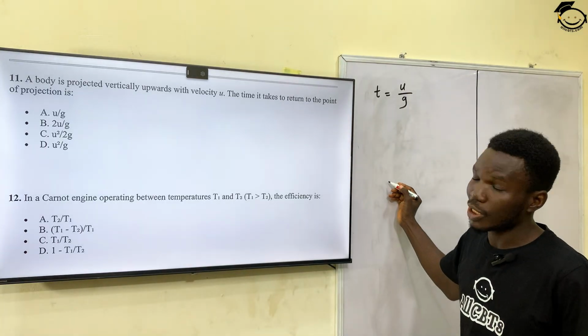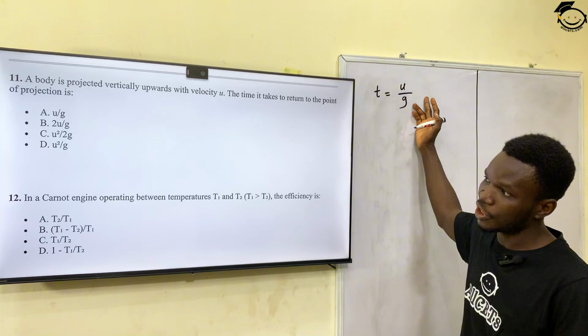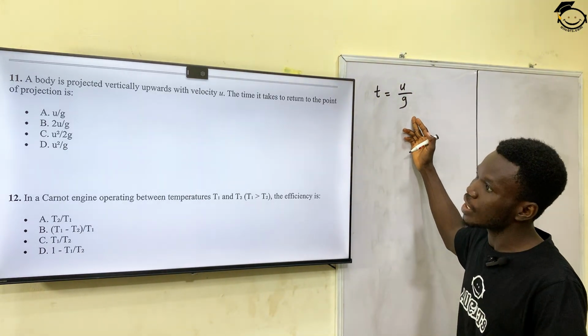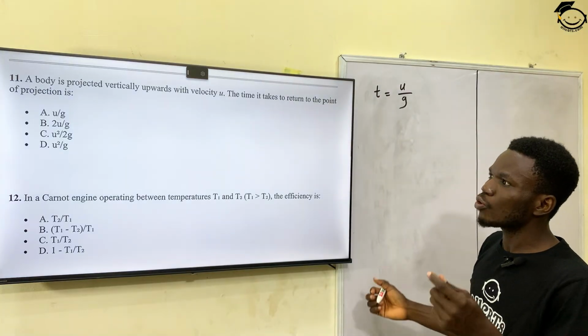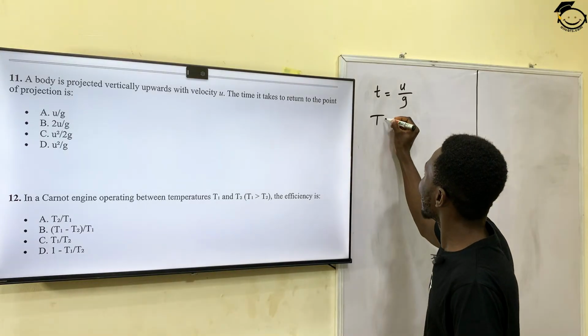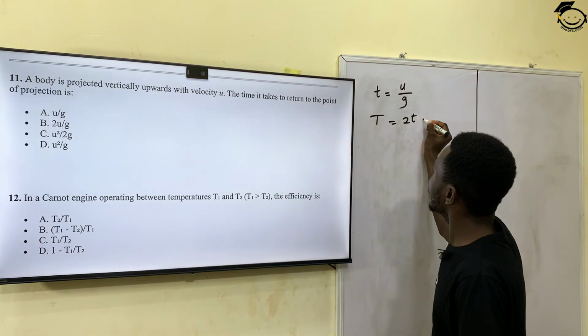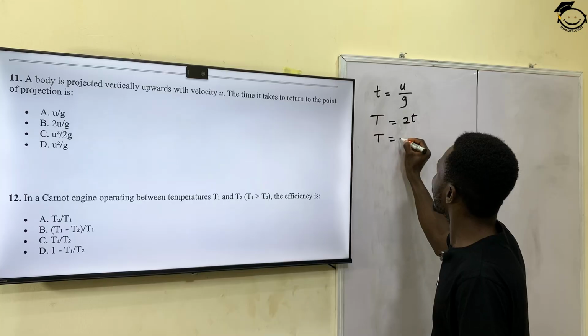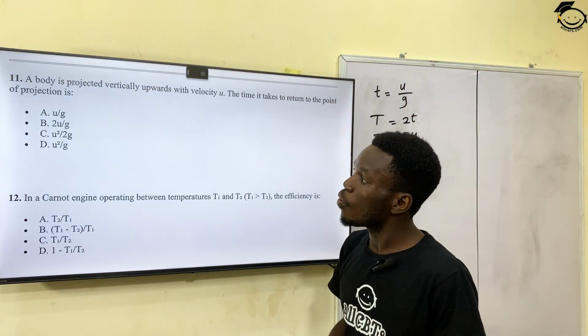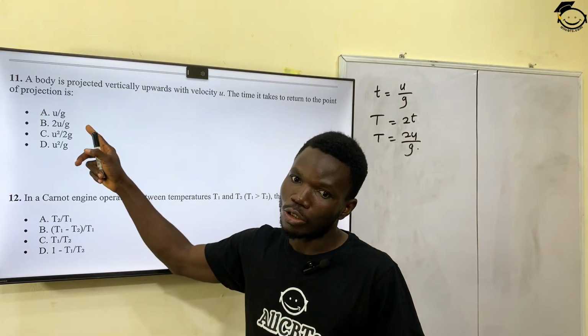From projectile motion it's u sine theta over g, but since we are not talking about angles here, I'm having u over g. The time it takes to return to the point of projection is called the time of flight, which is 2 times the time taken. So my time of flight is 2u over g, and that is option B.